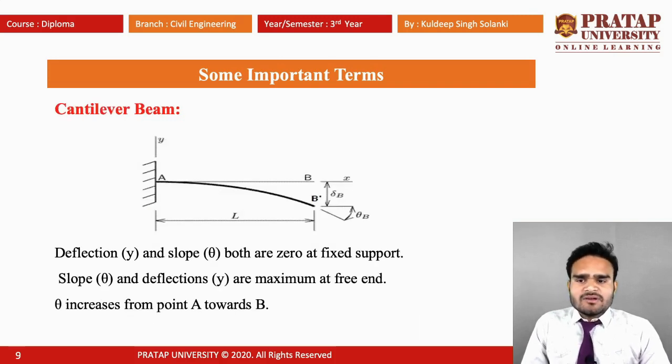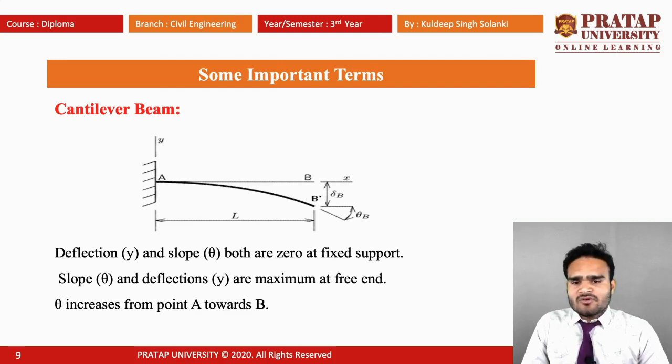So next is the cantilever beam. This is a cantilever beam fixed at A and free at B. In this case, supports are available at A, so deflection is 0 at A, and theta is also 0 because at the fixed end resisting moments are available, so rotation is 0 at A. At B there is deflection and slope theta B. This is the maximum deflection.